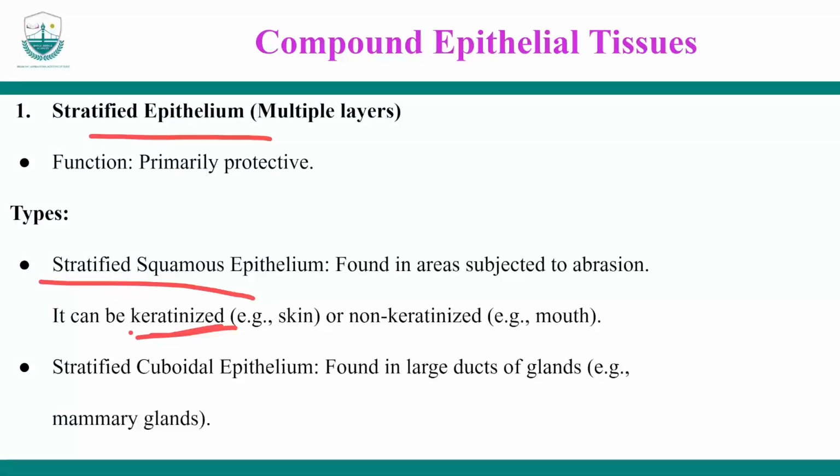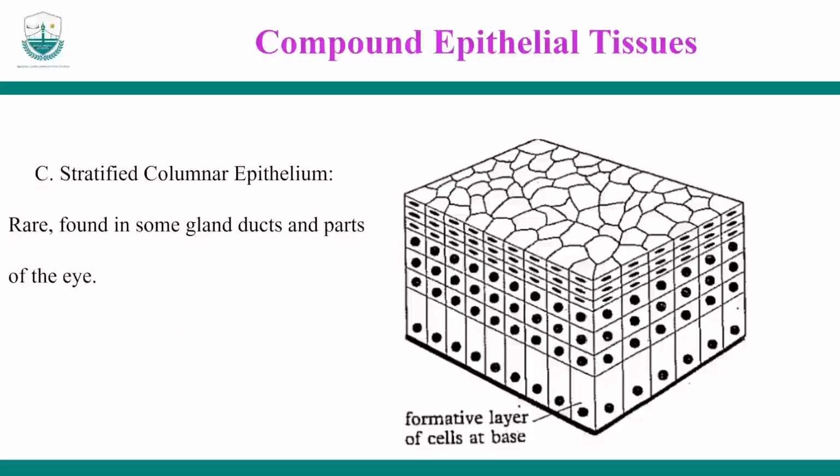This is found in large ducts of glands, such as the mammary glands. And then the third one is stratified columnar epithelium, where we have several layers with cells that are columnar.